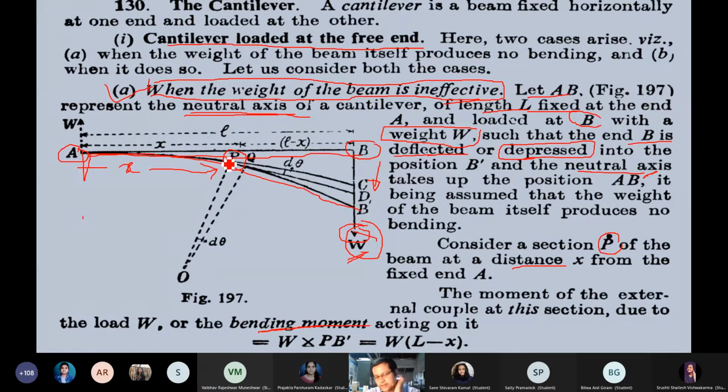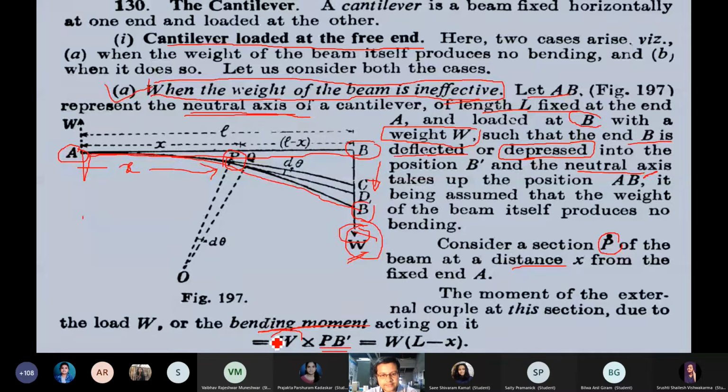The whole portion is bent, but suppose we consider the point P. How much torque or couple acts at this section? That is PB prime, where B prime is the new deflected position, and from the point P, PB prime will be the length of the arm on which this couple is acting.